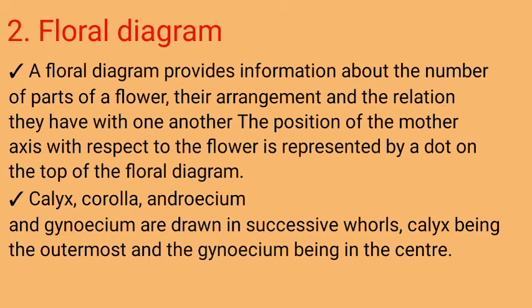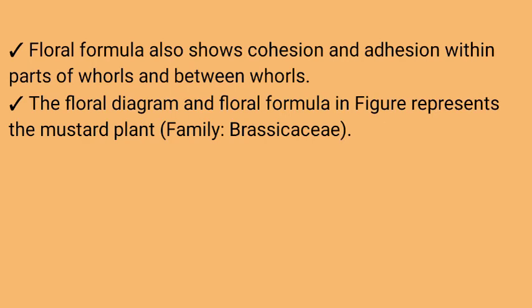Calyx, corolla, androecium, and gynoecium are drawn in successive whorls, calyx being the outermost and the gynoecium being in the center. The floral formula also shows cohesion and adhesion within parts of whorls and between whorls.